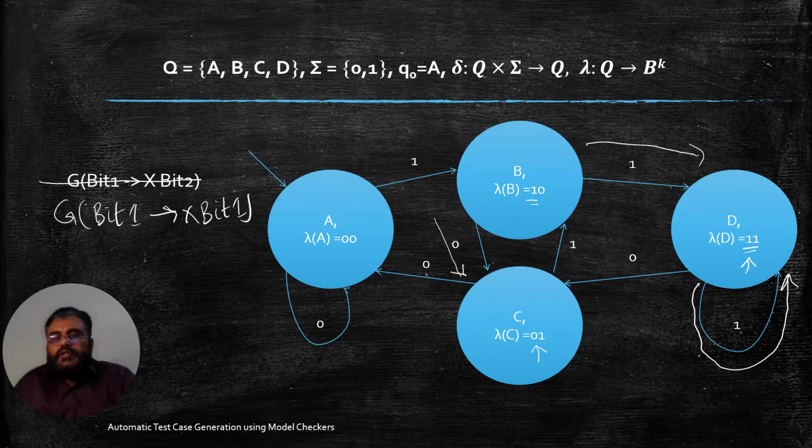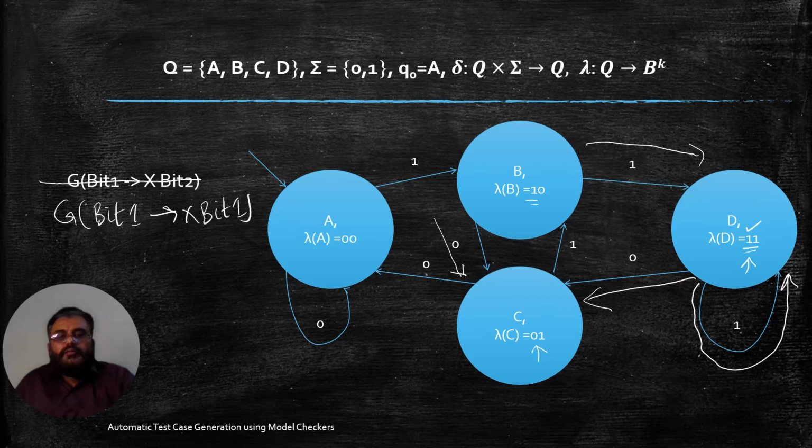Now we have another path that goes from state D to state C. So we have bit 1 true in state D, and the next state for D is C if we follow the zero transition. Here again you see that bit 1 is not true. So we found two paths along which this property does not hold.